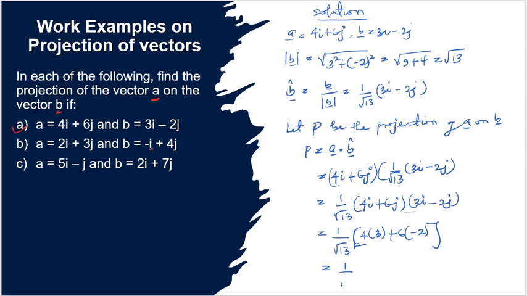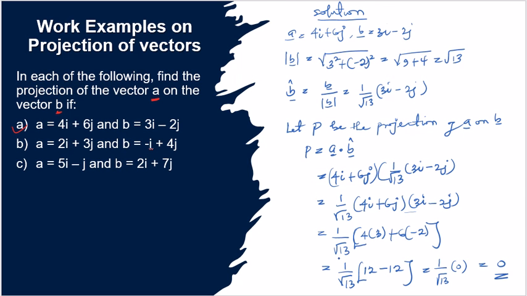That gives us 1 over root 13 into 12 plus negative 12, which is 1 over root 13 multiplied by 0, and that gives us 0. So the projection of A on B is 0. That is how to find the projection of a vector on another vector.